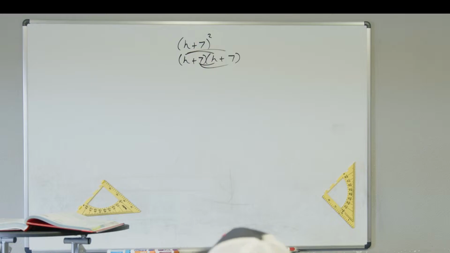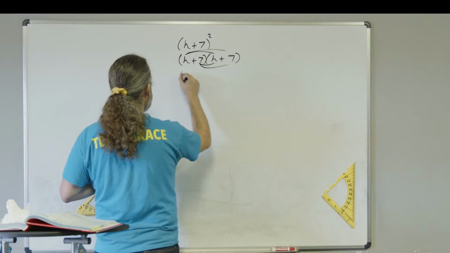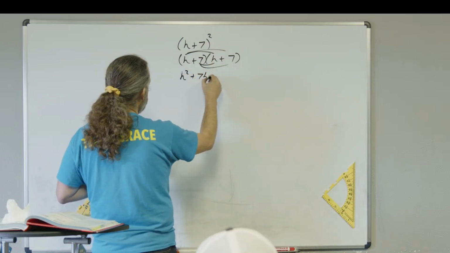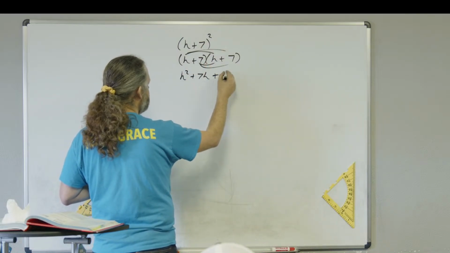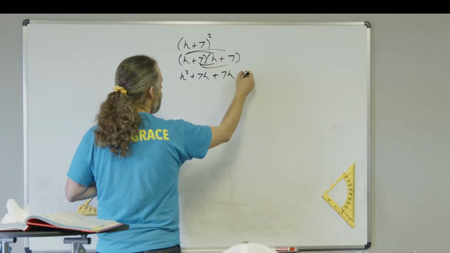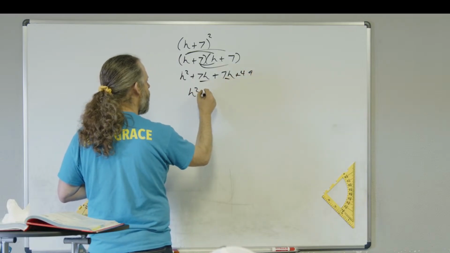H squared. That's true. What's h times 7? 7 times h. 7 times 7. Like terms.